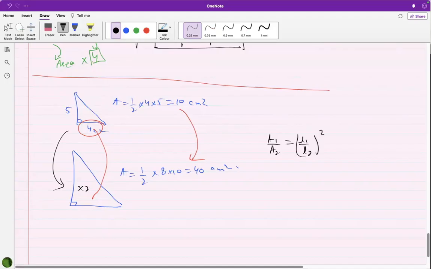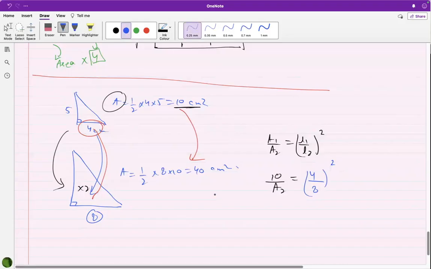This goes the same way which we were doing in lengths, that we keep in the numerator the larger one and at all times we do the same. So for example, I keep this area which is 10 divided by the unknown area. On the other side, I use one of the sides which is 4, and it is already given that it is double of that. So I can write 8, whole squared.